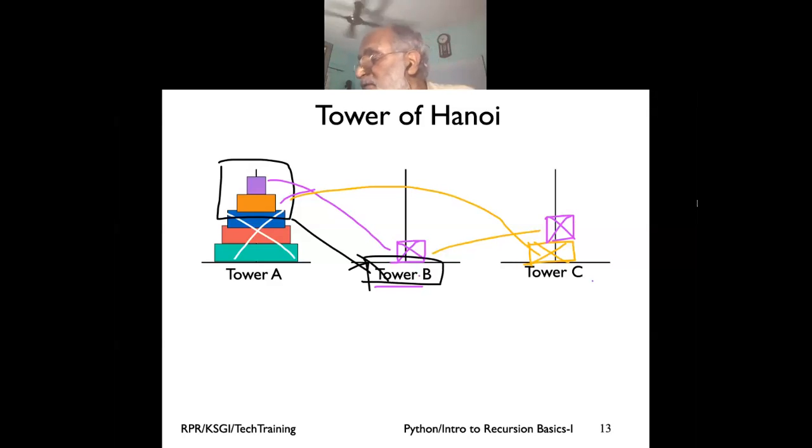But I ended up moving to tower C. It's like I asked you to go to classroom number B, but you ended up going to classroom number C. Got it? Yes, sir. That's why you need to move another way.